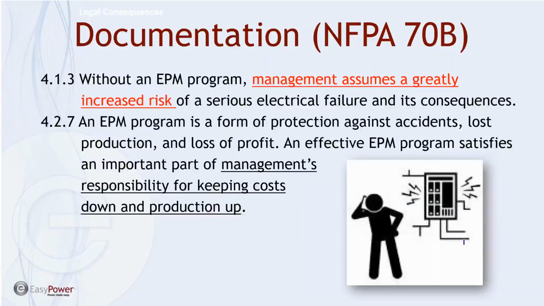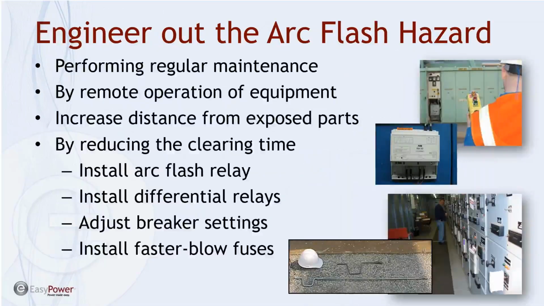NFPA 70B just says, without a program, management assumes greater increased risk. This is how it's written in 70B, and that's an important thing to think about. There are a couple of ways of engineering it out. Performing regular maintenance certainly helps. Remote operation of the equipment helps; if you can do it remotely, distance is your friend, as I mentioned.